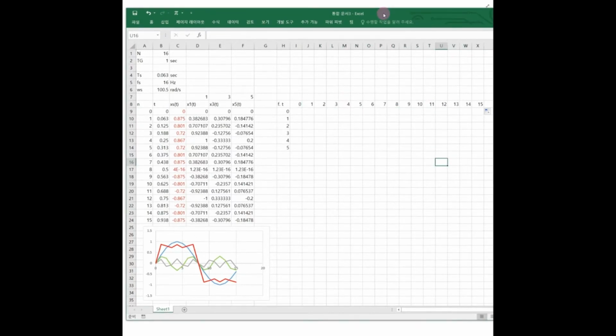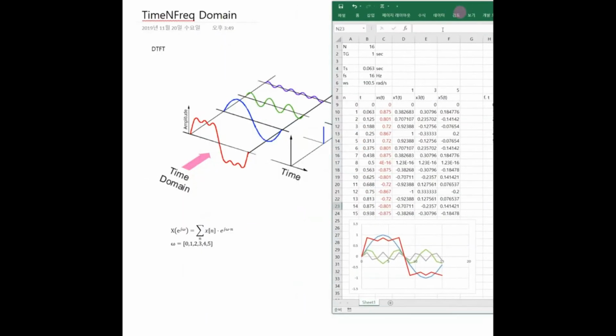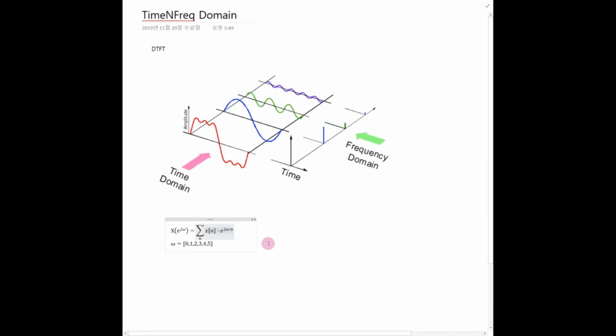Okay, this is the matrix that I would like to calculate. Here the omega is a matrix, so X of e to the j omega will have some components at 0, 1, 2, 3, 4, and 5.